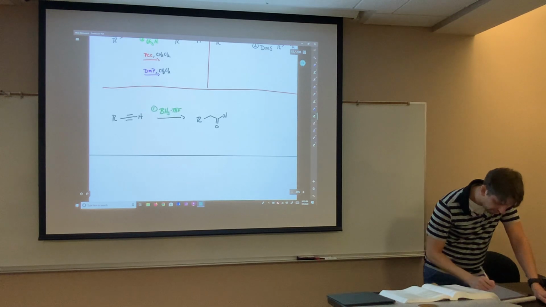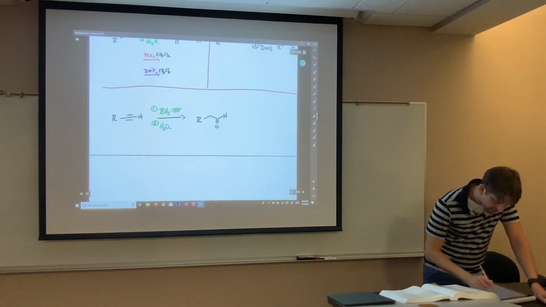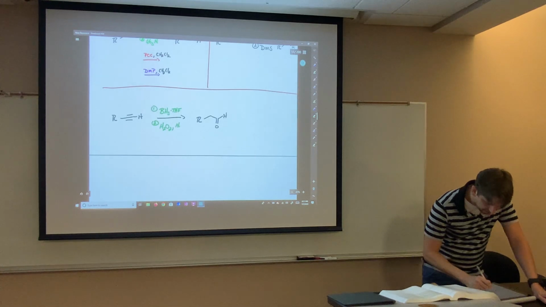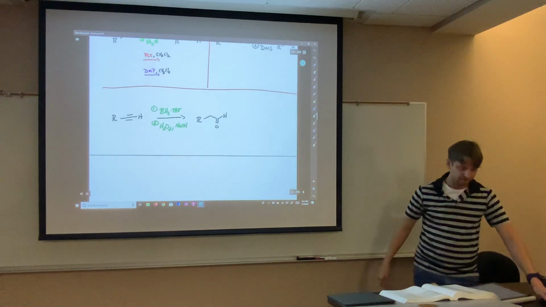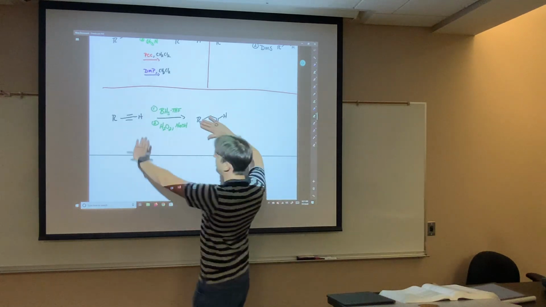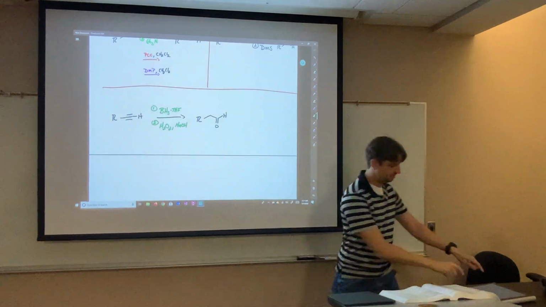I'll come back here in just a second and kind of clarify some things. So we have our hydroboration, so now we need our oxidation, so we got some peroxide, and we got some strong base in there, typically sodium hydroxide. Okay, right? So ignore this for just a second, right? Hydroboration, let me zoom in on that.